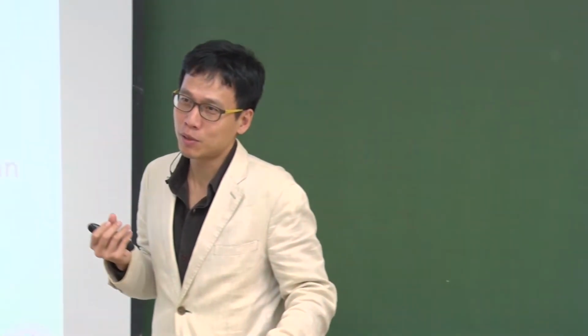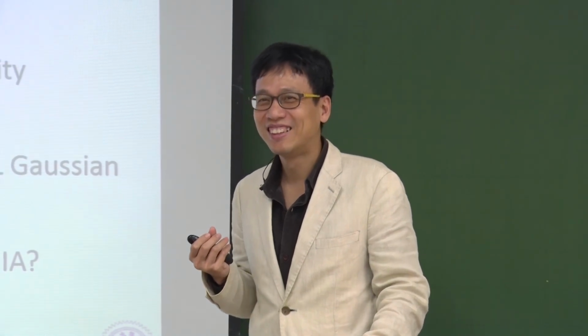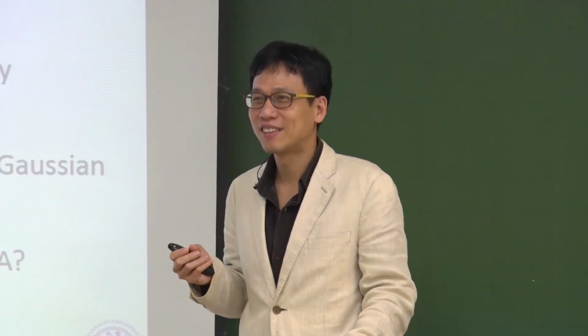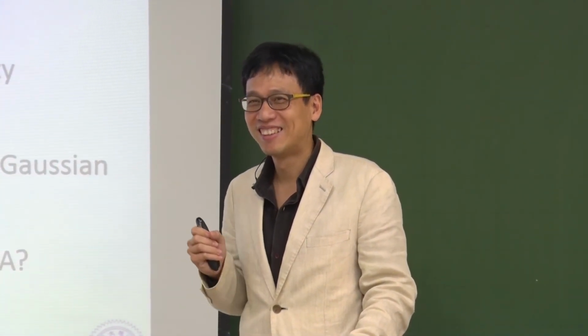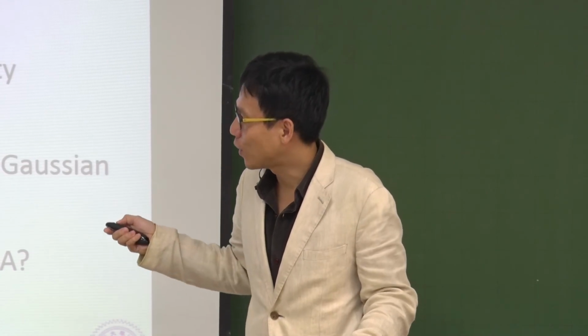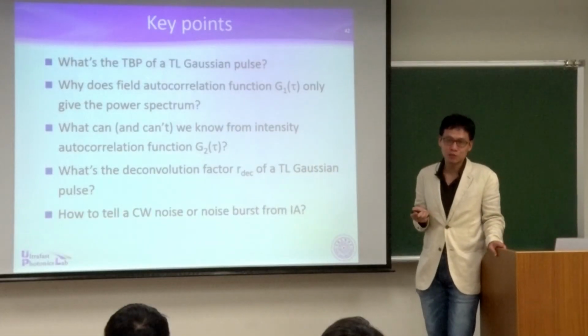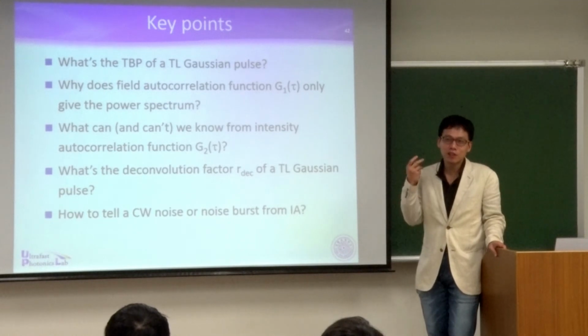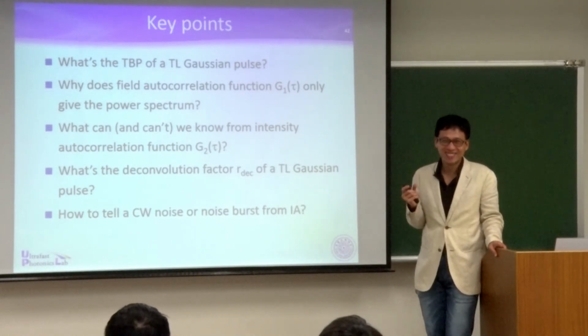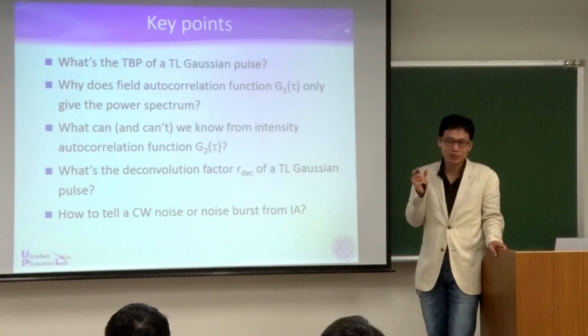What is the denominator? 分子是什么？什么宽？这个的宽度，这个叫 correlation width. What is the denominator? 分母。什么宽？脉冲宽 delta t.